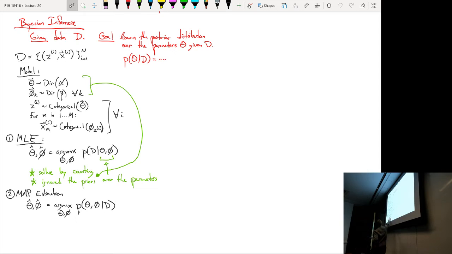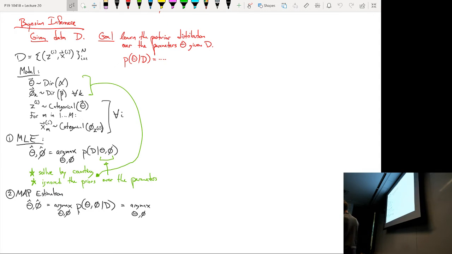So this posterior distribution, by Bayes' rule, is equal to, actually, can someone apply Bayes' rule to this here for me? Yeah.